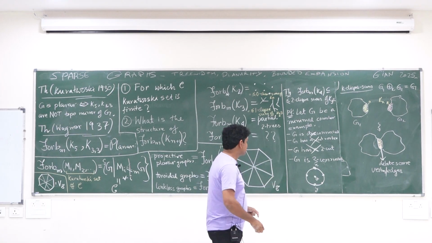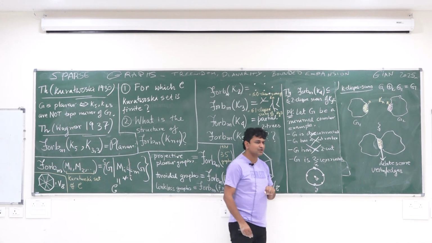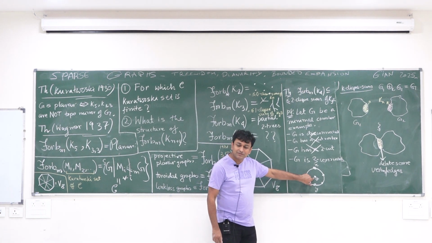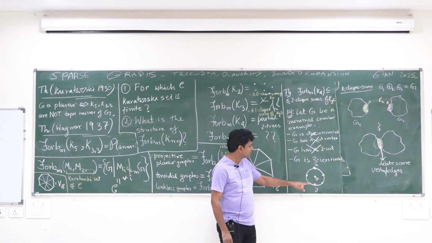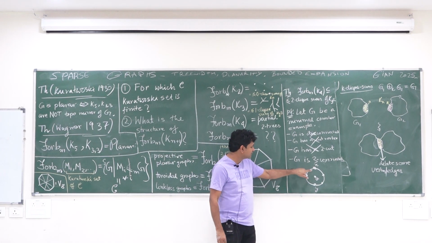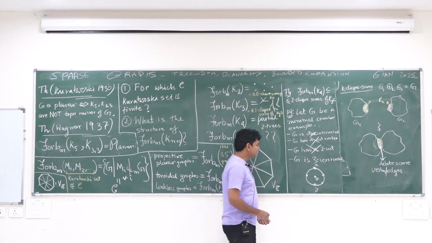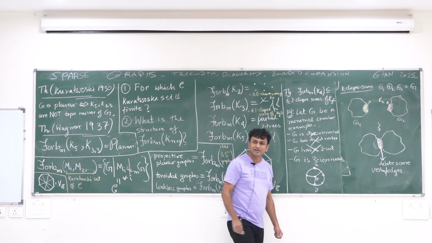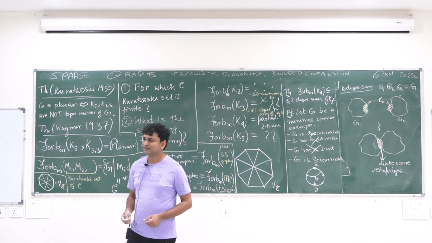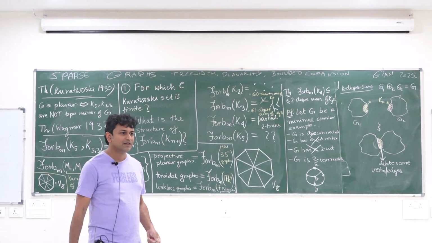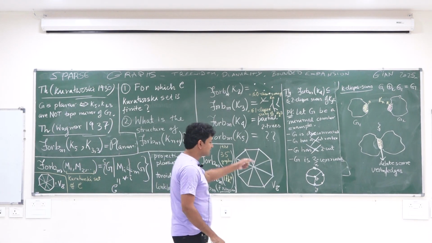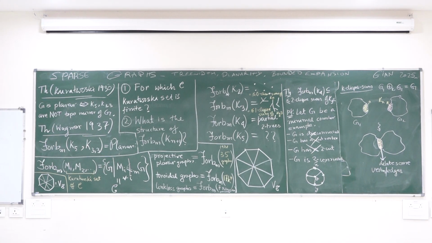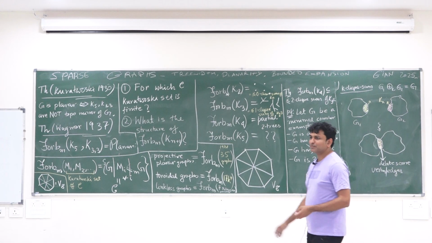So I just need existence of a vertex which is not on the cycle. Now this V, because of 3 connectedness, will have 3 distinct internally disjoint paths with the cycle. That is a K4 minor. So if G is 3 connected, then you have a K4 minor.